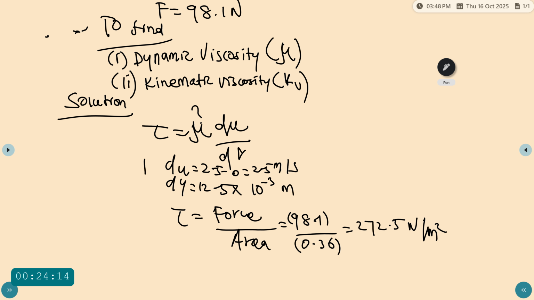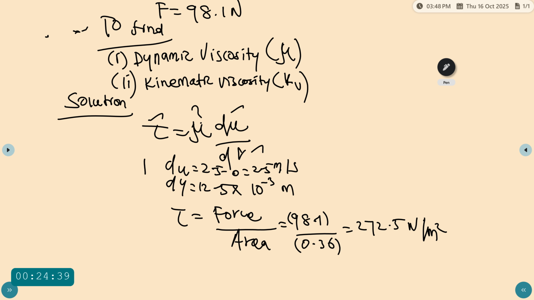Next, substitute all the values in Newton's law of viscosity. Tau equals mu du by dy. Substitute all the values in this equation, and you will get the final answer of dynamic viscosity.